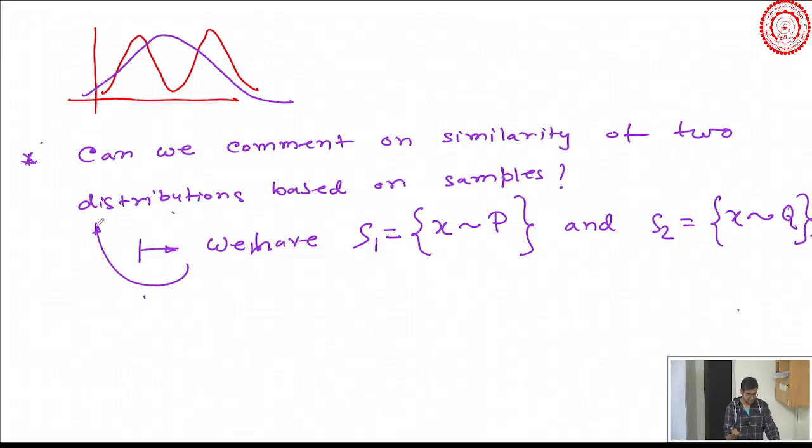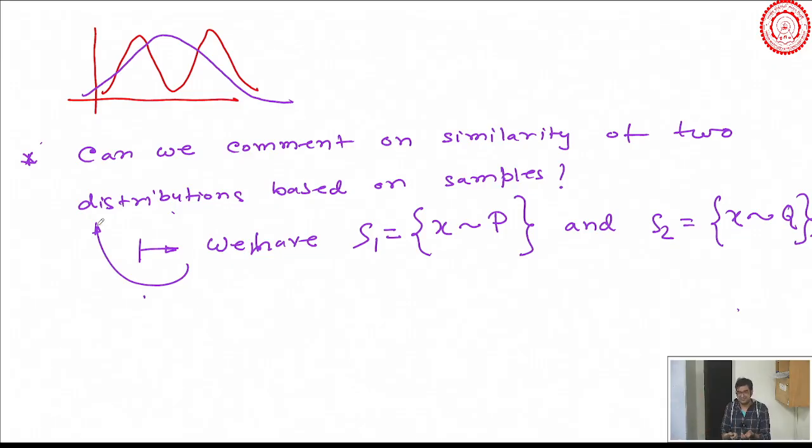If that is what we are asking, obviously we are talking about sample testing. There is something known as two sample test. The idea of two sample test is that you have two sets of samples. You can come up with a null hypothesis that these two sets are from the same distribution, which means P equal to Q. And accordingly, we will also have an alternative hypothesis, which is P is not equal to Q. And then you can come up with some statistic defined in terms of these samples.